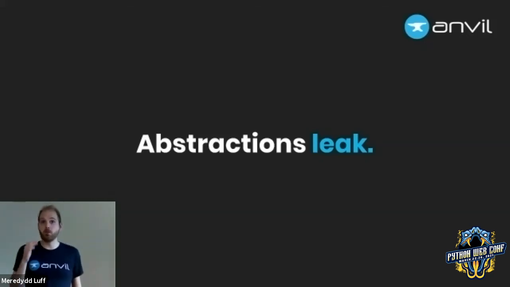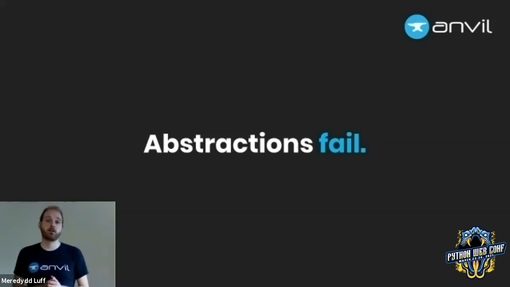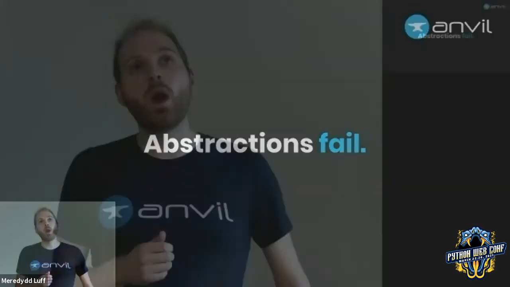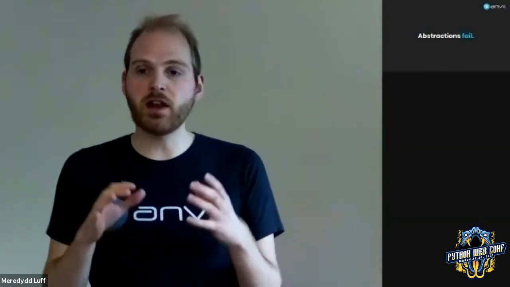Abstractions can do much worse than leak. They can fail outright. When an abstraction fails, by that I mean the underlying system can do something, and the user needs to do it, and the abstraction prevents the user from doing the thing that they need, which is possible.